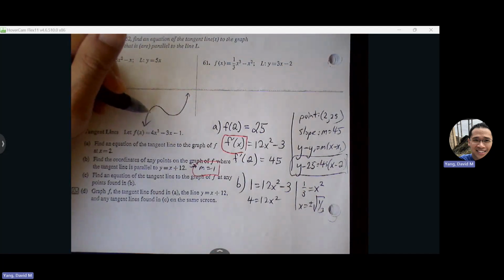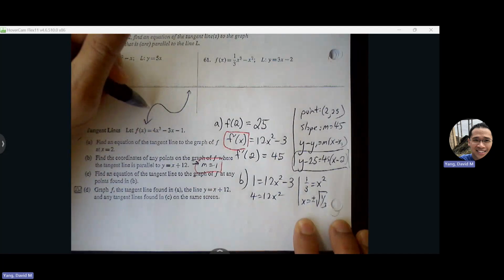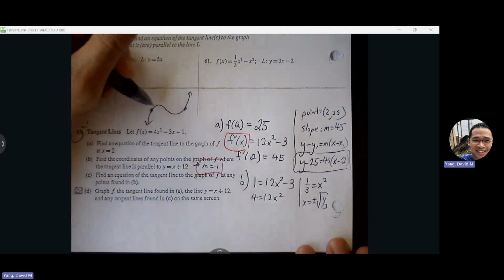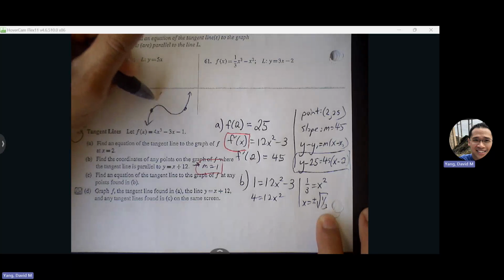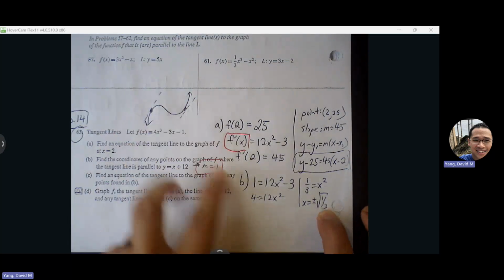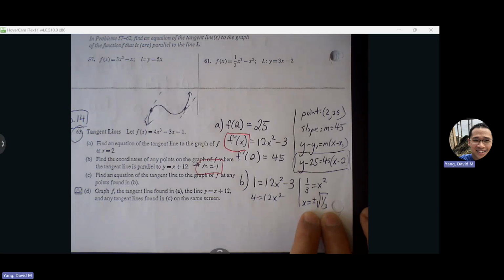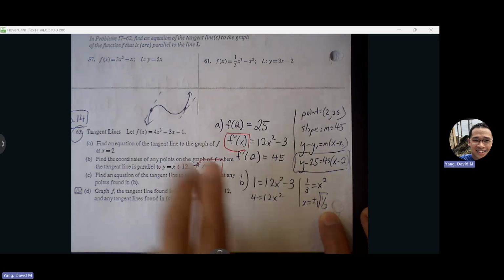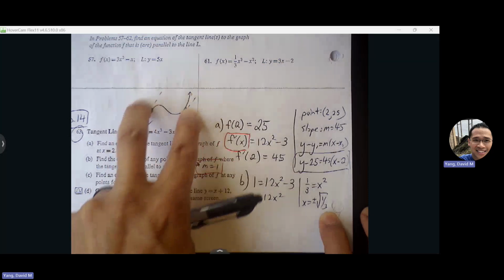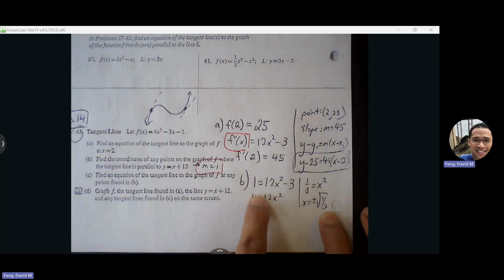So when this graph is at negative square root of 1/3 and also at positive square root of 1/3, obviously this is not accurate, but the idea is that there's 2 locations on the graph where the steepness is going to be exactly 1. So what we found is plus or minus root 1/3, and we have basically identified the 2 locations where this curve is going to experience a slope of 1.